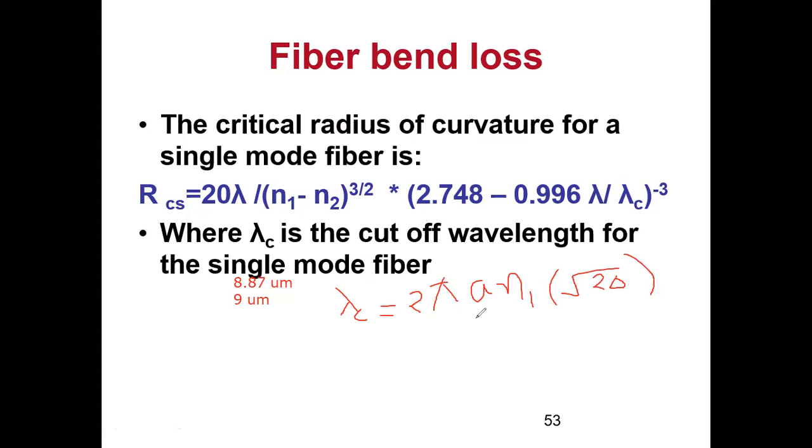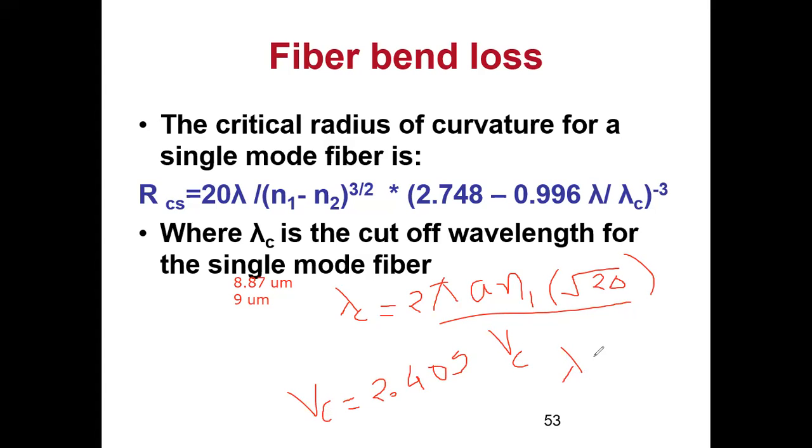Divided by Vc. So Vc for a single mode operation is given as 2.405. So first calculate lambda c. Is anybody getting lambda c? Sadanand, are you getting lambda c?